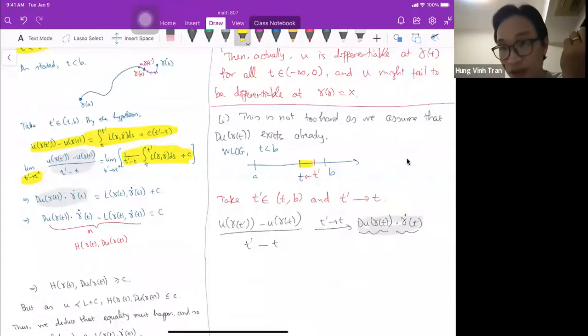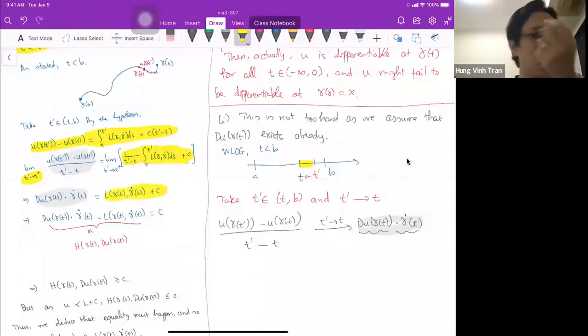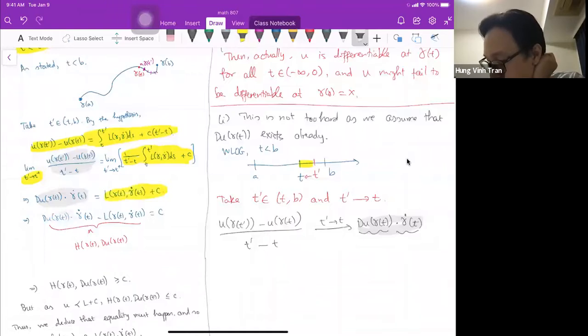By the mean value theorem, as t prime goes to t, it converges to L acting on gamma t, gamma dot t, plus the normalized constant c. You subtract and put it to the left, and you end up with du of gamma t dotted with gamma dot of t minus L equals c.